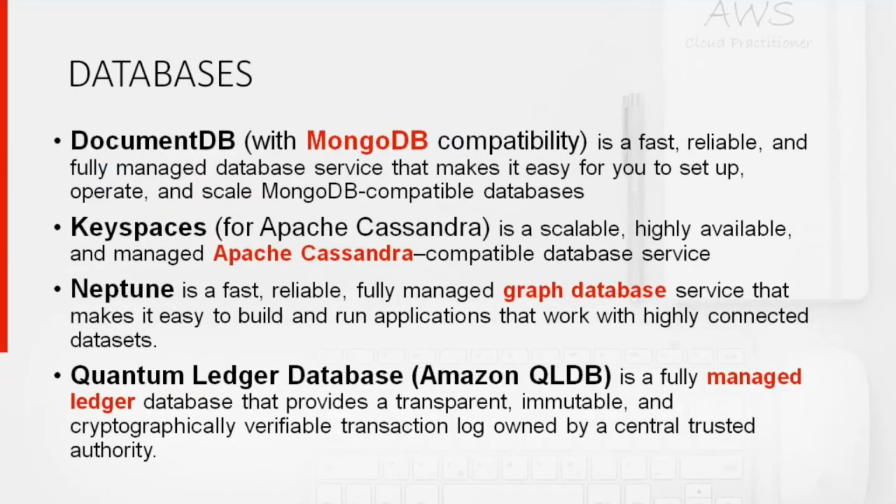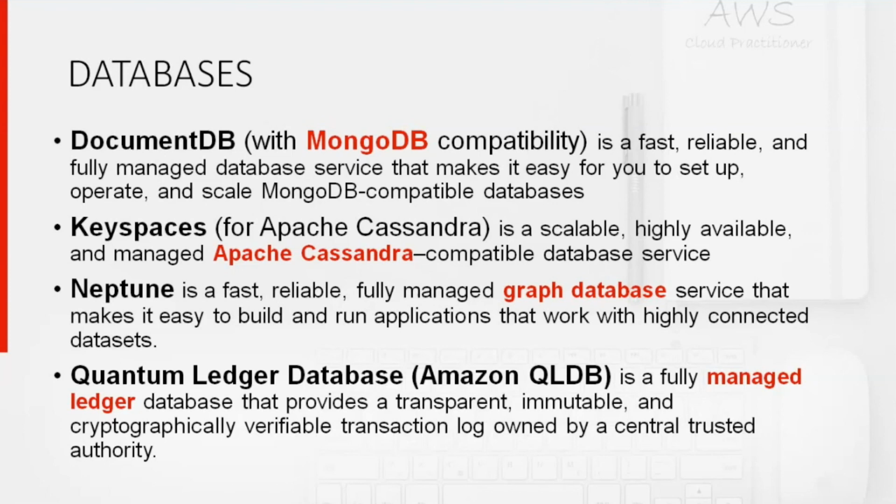Databases. DocumentDB with MongoDB compatibility is a fast, reliable, and fully managed database service that makes it easy for you to set up, operate, and scale MongoDB compatible databases. Keyspaces for Apache Cassandra is a scalable, highly available, and managed Apache Cassandra compatible database service.